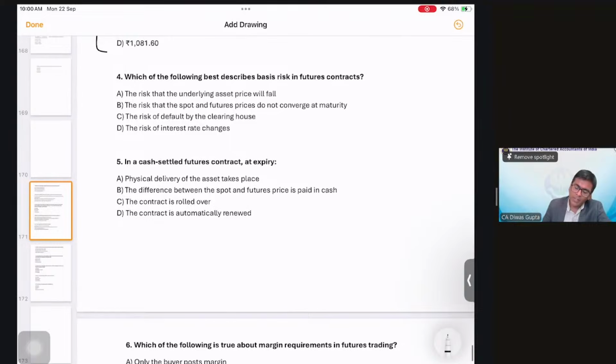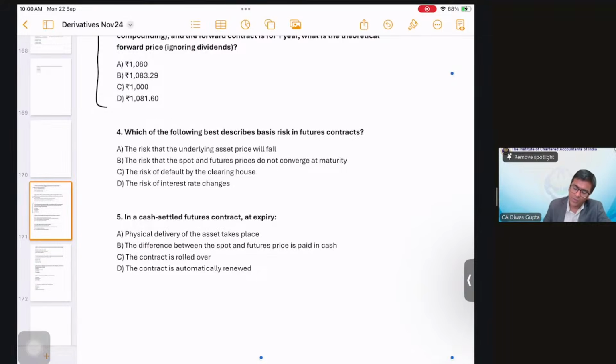Which of the following best describes basis risk in futures contracts? The risk that the underlying asset price will fall, the risk that the spot price and future price do not converge at maturity, the risk of default by the clearinghouse, or the risk of interest rate changes. Now, students, please try to link what the basis risk is. Just try to link, you will be able to get it. What is the right answer?